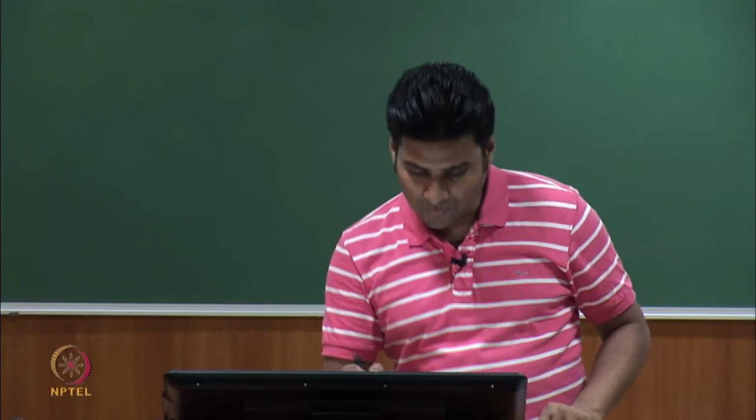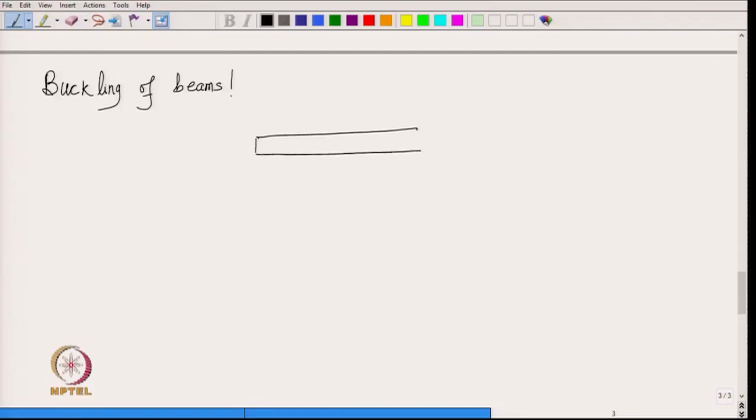Okay. So, supposing you have got a beam, which in this case could be your stick of your broom, and hold it from both the sides and apply compressive force. So, as you increase the compressive force and it reaches a critical value, then the beam is suddenly going to buckle.